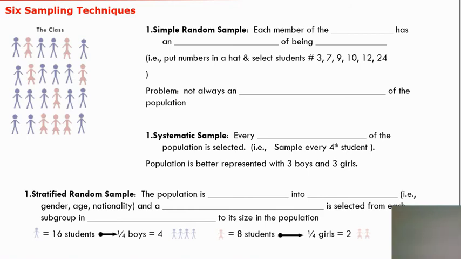Each member of the population has an equal chance of being selected. It's random. So you put numbers in a hat and select students numbered 3, 7, 9, 10, 12, 24. It's very random.